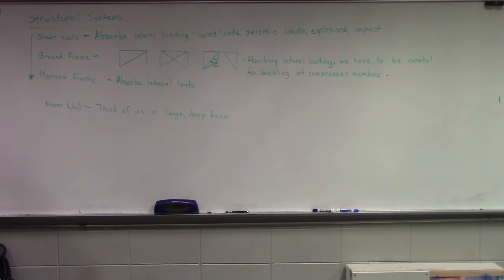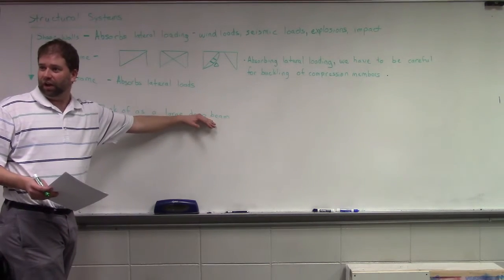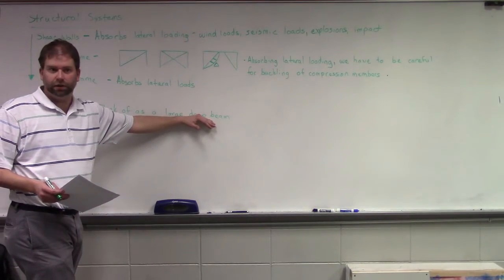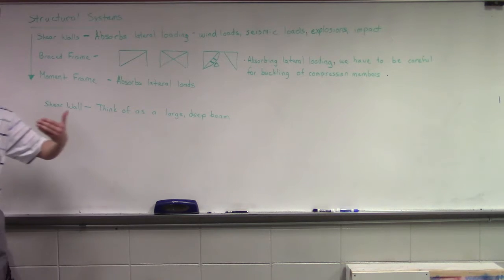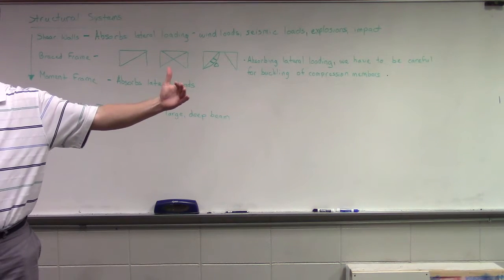So we haven't tried to look at a shear wall and how to analyze it at this point this semester. But what have we been looking at that we could try and model it as? We've been spending a lot of time looking at beams, right? Okay. So couldn't we just think of a shear wall as a very large, very deep beam?